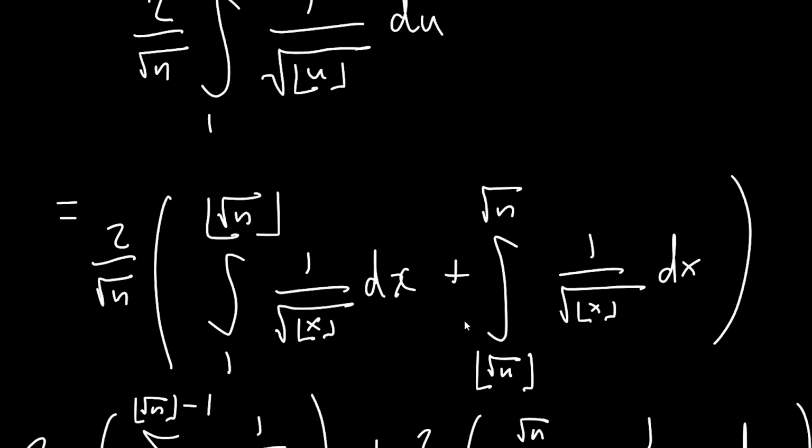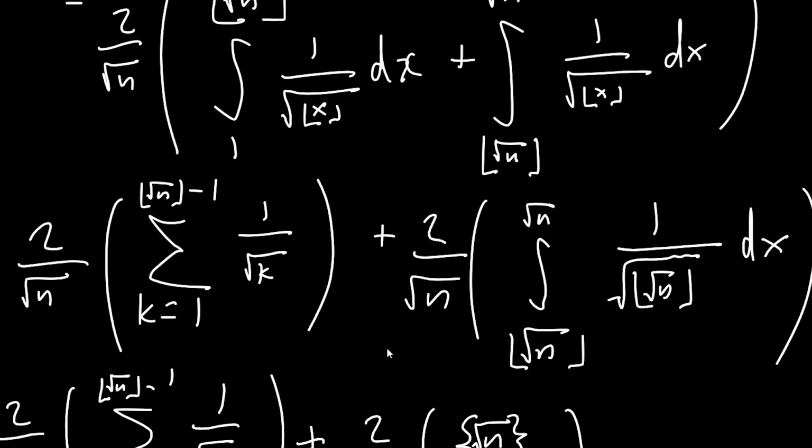The way we want to do this, we can split this into bounds between 1 and floor of square root n, and then whatever's left, which is floor of square root n and square root n. So this is going to be the series because now we've got integer bounds, and this is just going to be the leftover rectangle. So write this as a series from k equals 1 to floor of square root n minus 1, and now floor of x is just going to be k, because this is just that constant.